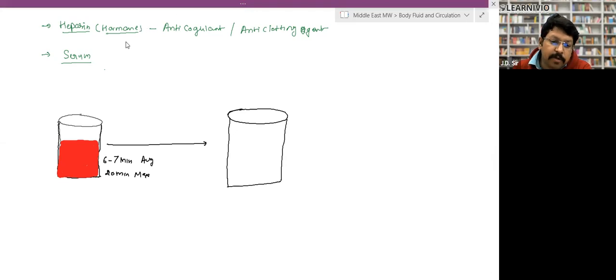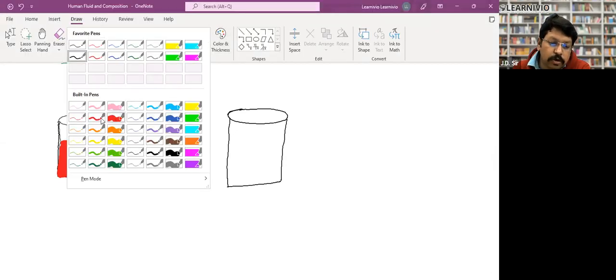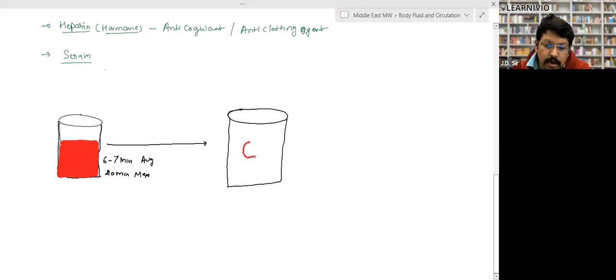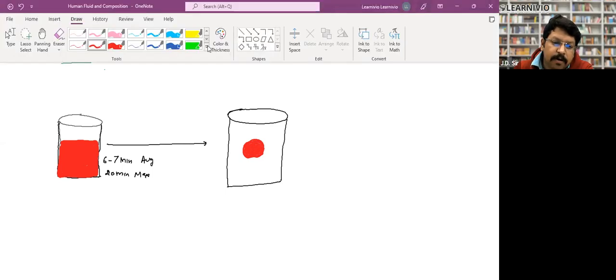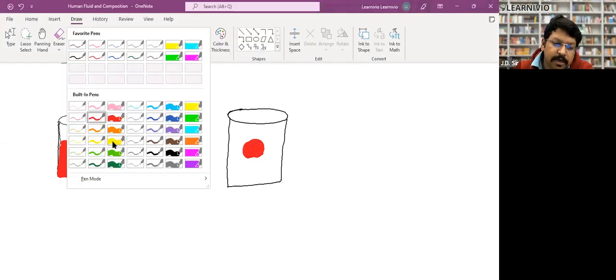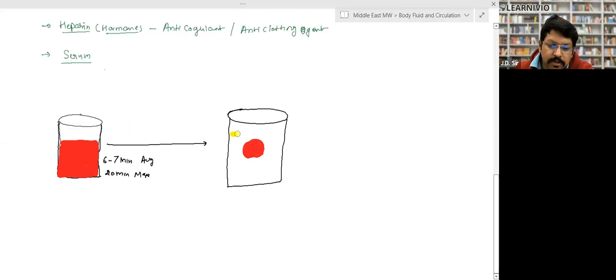This red part will become a ball-like structure, which is called a clot. The rest of the part will get separated from it.